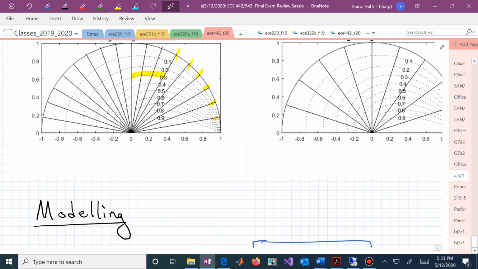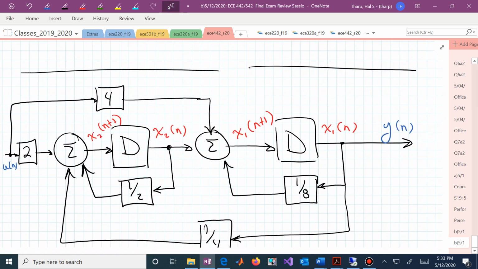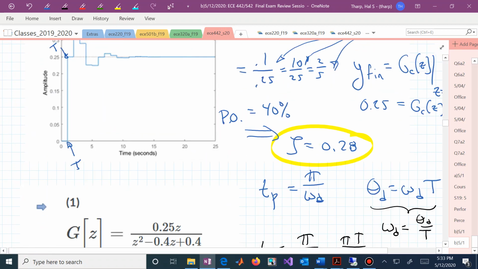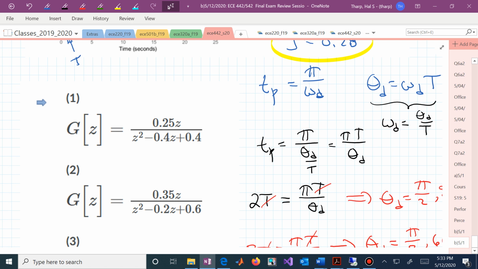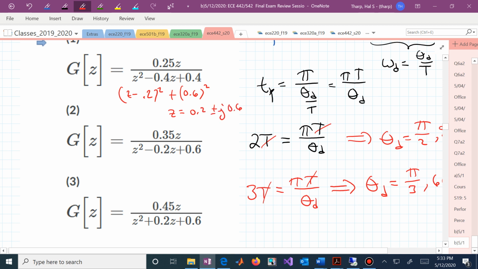And that might help us when we look at this problem and try to find what transfer function actually corresponds to those values. If you now factor this one, you'll see that it's z minus 0.2 squared plus 0.6 squared. So that means that this one would have poles at 0.2 plus and minus j0.6.